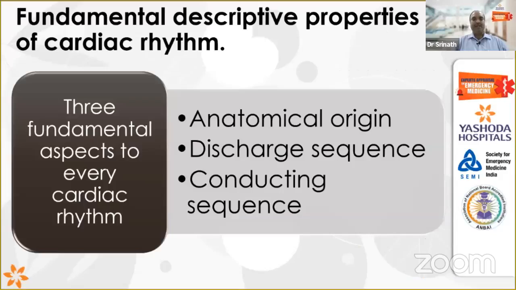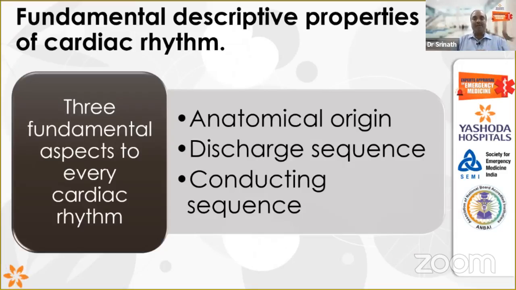The discharge sequence is SA node, AV node, bundle of His, Purkinje fibers. That is how the conducting system sequence also takes place. And the whole thing together gives you the descriptive properties of a cardiac rhythm. So these 3 things fundamentally you have to keep in your mind.